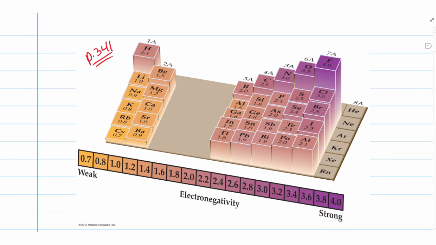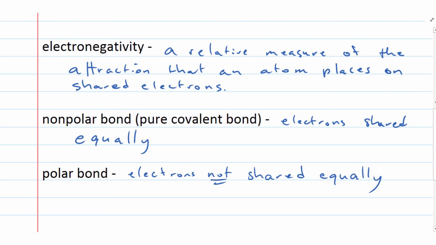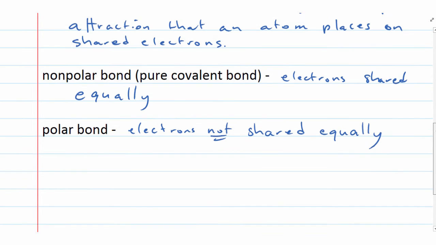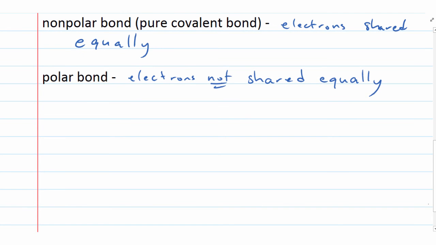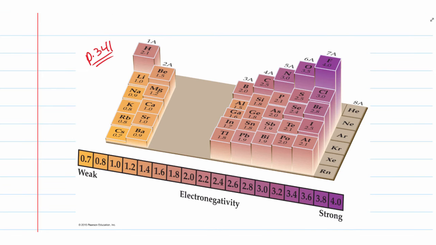So now, if we go back to how we define the terms polar bond and nonpolar bond, and if we talk about what these electronegativity values represent, we see that fluorine has the largest value. The larger this value, the greater its attraction for shared electrons.